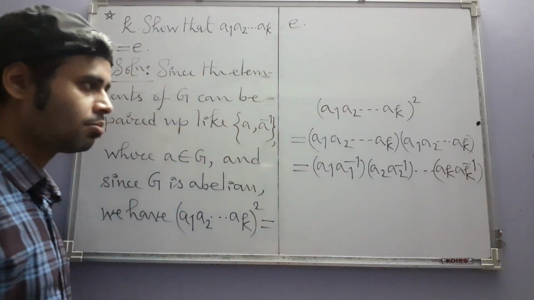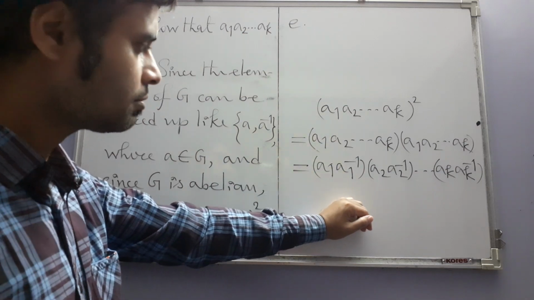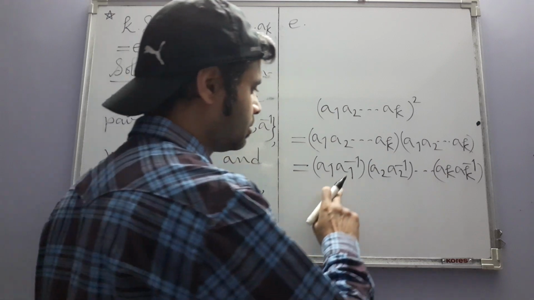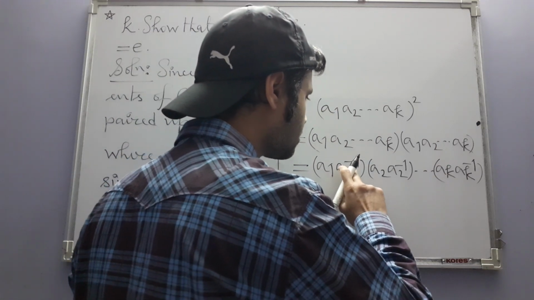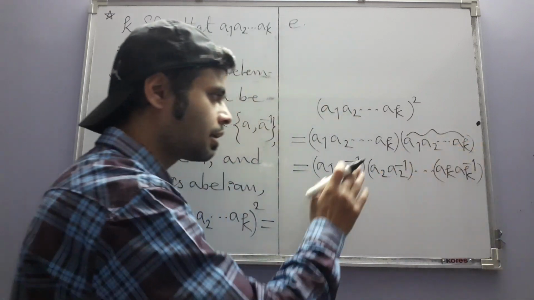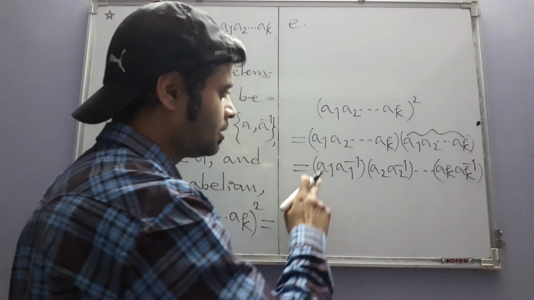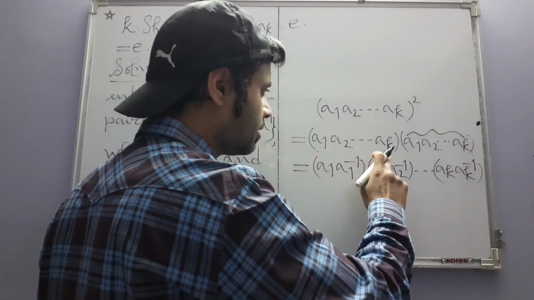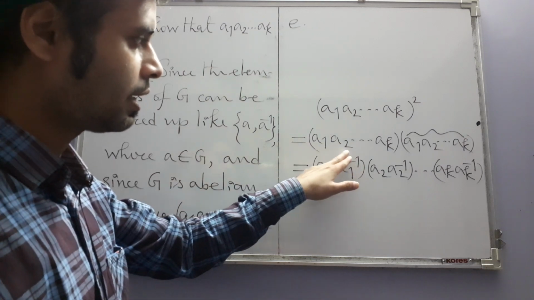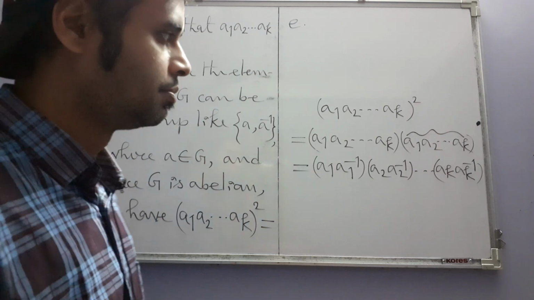But there are some doubts about this step. There is of course no doubt about the existence of these inverses here, because these are all the elements of G, and we already know that in a group any element has its inverse. So for each AI here we would find AI inverse here.